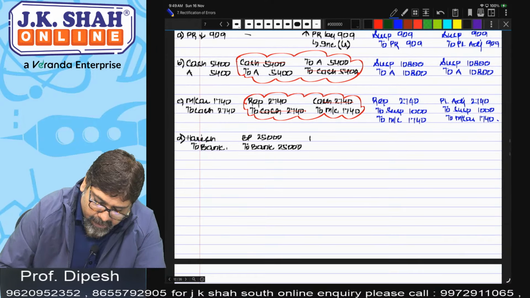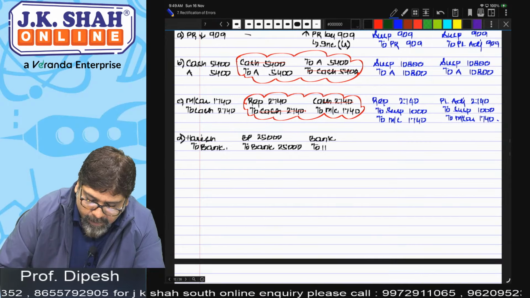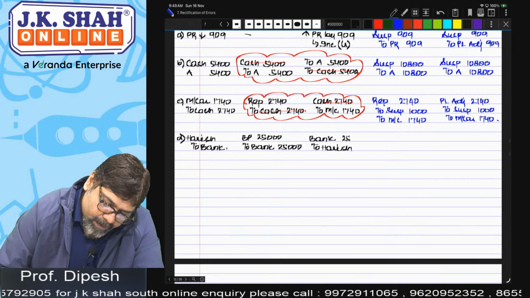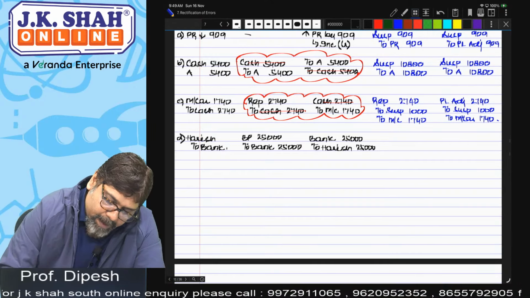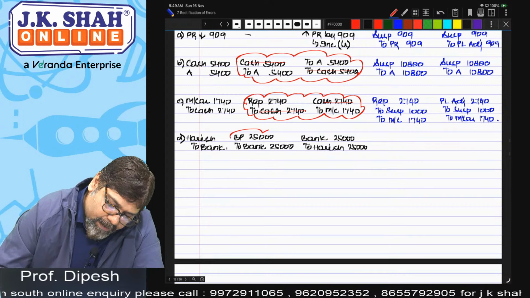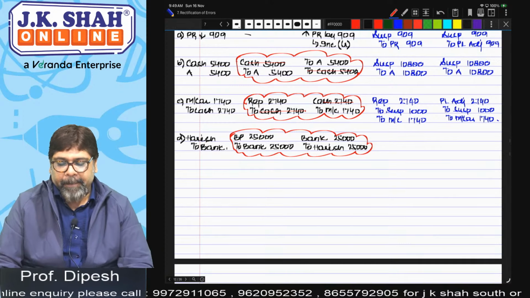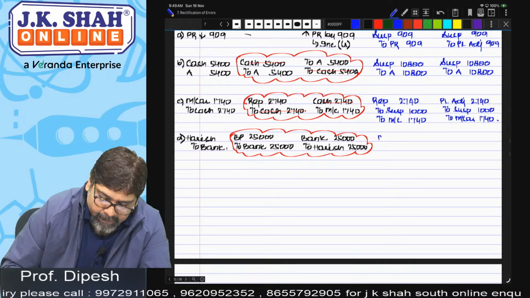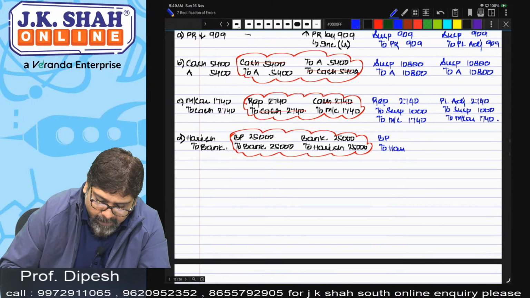Reverse of wrong entry: Bank to Harish, 25,000. Now combine these two entries. Bank cancels. So bills payable to Harish. Is this a complete rectified entry? Yes. So before trial balance also it will be the same.